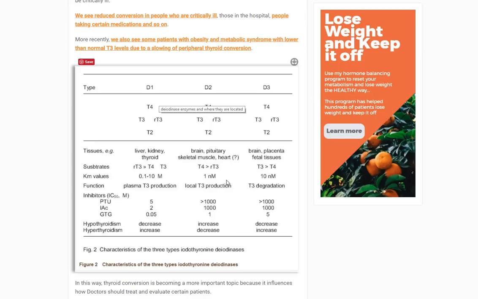And one of the prime examples of this is the fact that the pituitary gland lacks the ability to turn T4 into reverse T3. So it's like a machine with an on switch. It doesn't have a slowdown or anything. It's just an on switch.